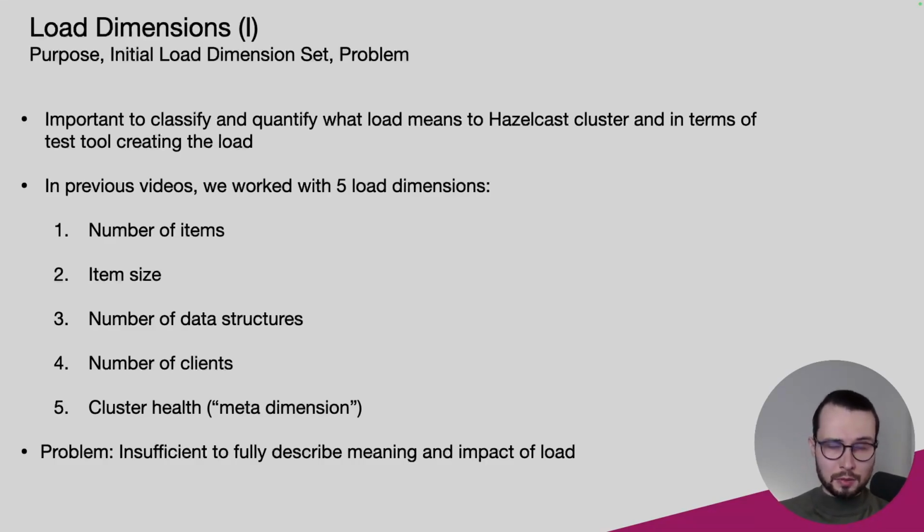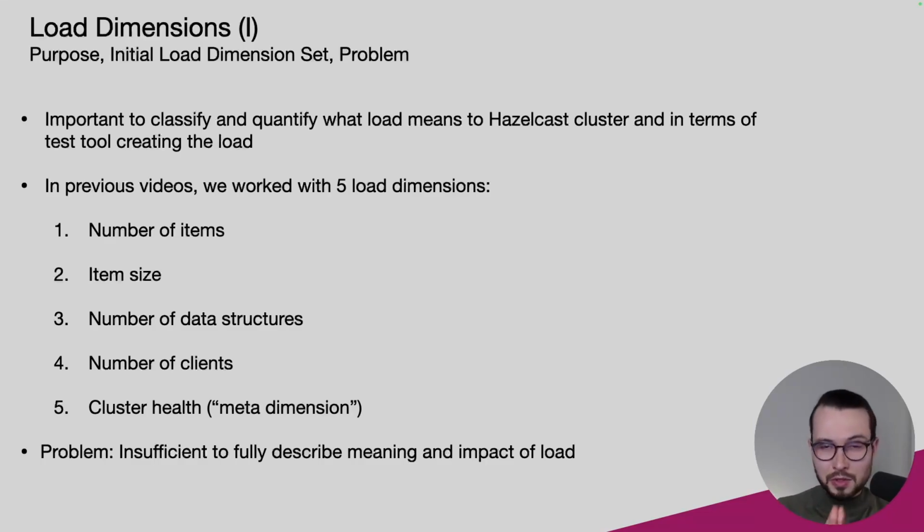Think of it like this. If you have 10 GBs of data stored in Hazeltest cluster A, and then 10 GBs in Hazeltest cluster B, but in cluster A all of the data was stored in one map, whereas in cluster B it's scattered across 10,000 maps, then the load patterns, or the usage patterns that these two clusters will exhibit, will be very, very different, despite the fact that they both store 10 GBs of data.